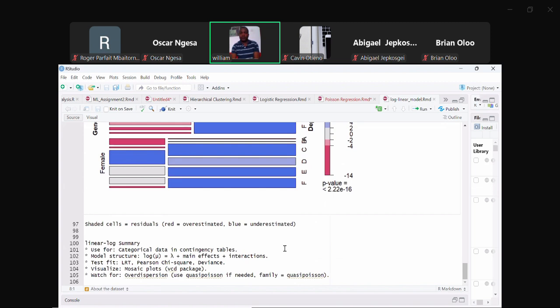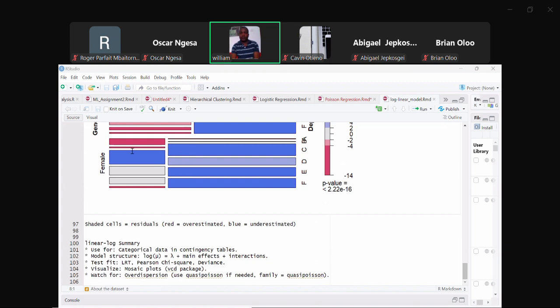And then this is just an overview of what we did. Log linear summary is used for categorical data in contingency tables. When you're looking at the model structure, this is how it looks. The link function is still log. And then we have the main effect plus interactions. To test the fit, we use LRT and Poisson chi-square.